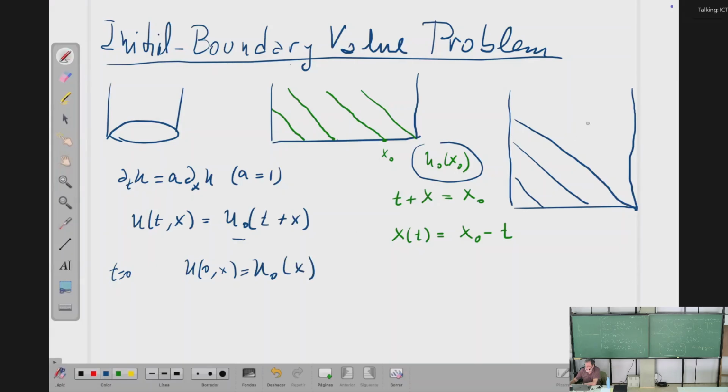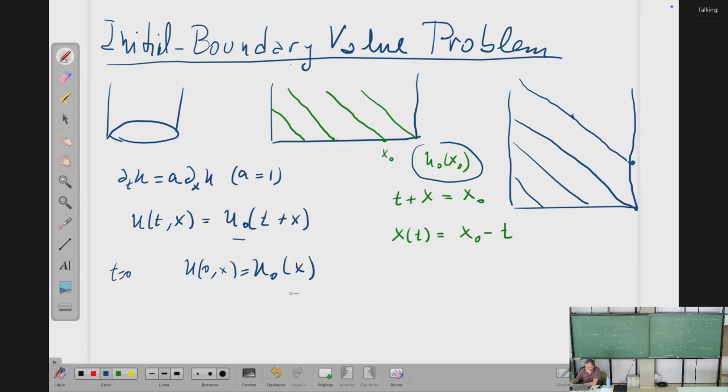But we don't know the solution here, right? We know that to get a solution here, since the solution is constant along these lines, if there is a solution here, it should be constant along this line. So what we have to give is the value here.